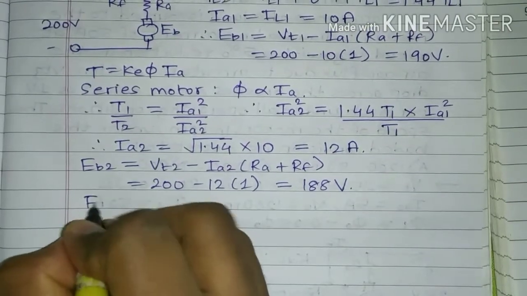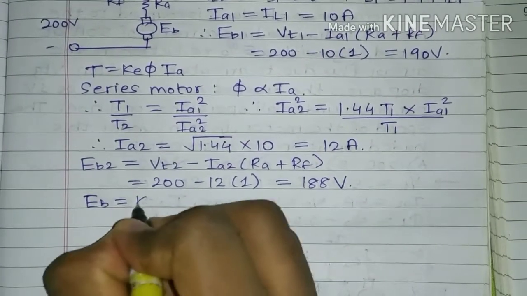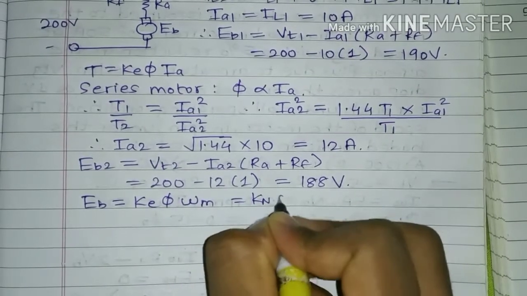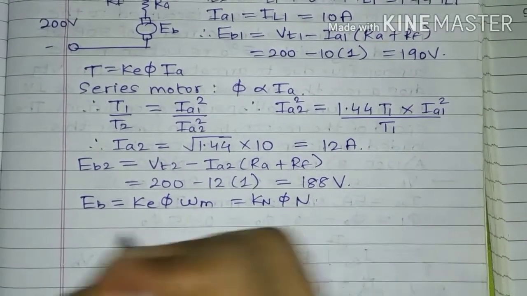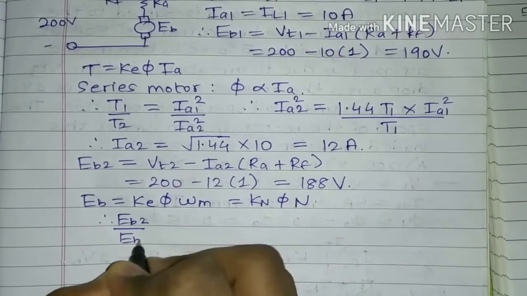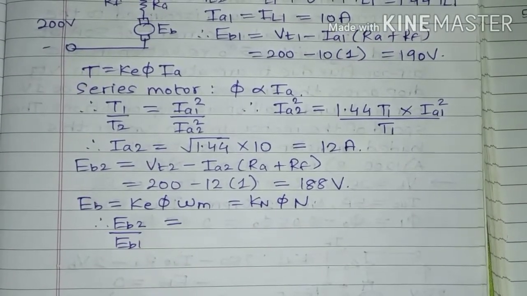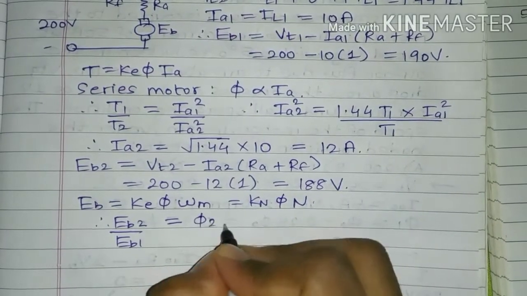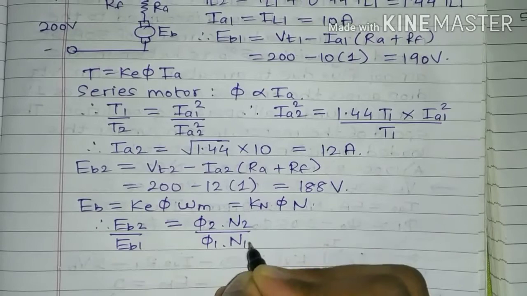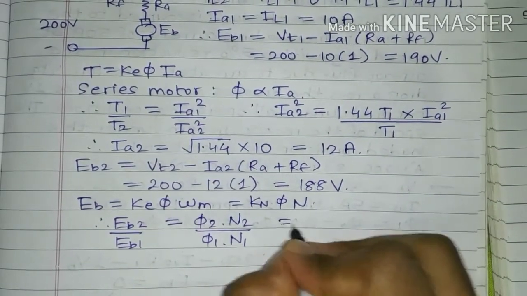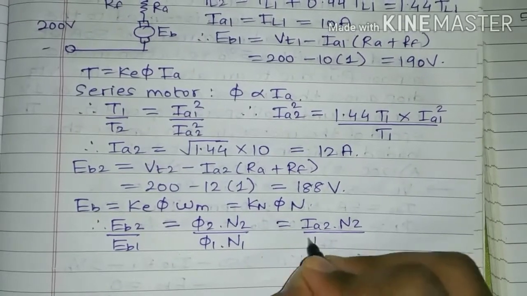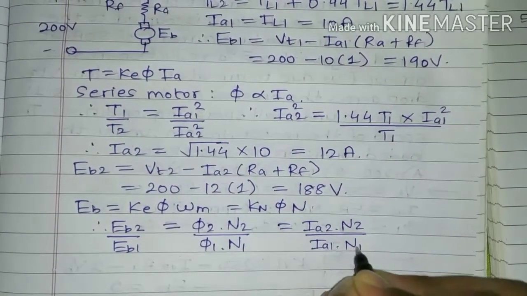But we know that Eb is equal to Ke into phi into omega m, which is equal to Kn into phi into n, where n is the speed in RPM. Therefore Eb2 upon Eb1 is equal to phi 2 into n2 upon phi 1 into n1, but phi is directly proportional to I, therefore this is equal to Ia2 into n2 upon Ia1 into n1.